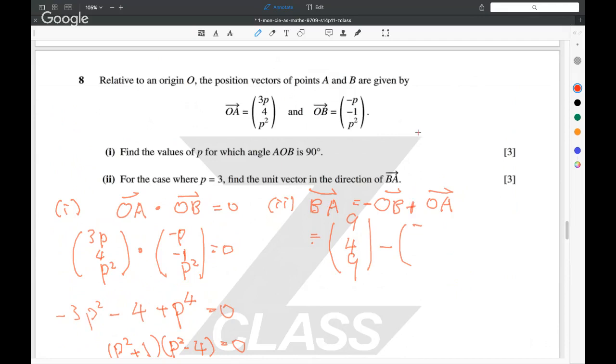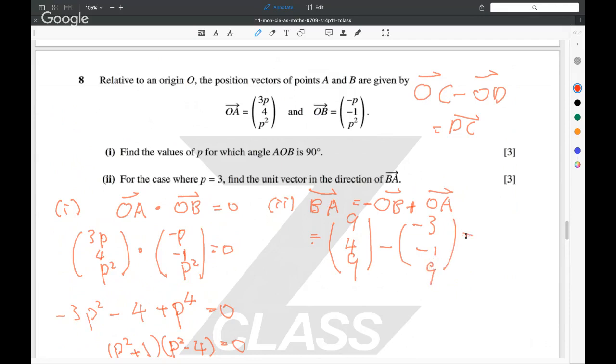An important point here is that the arrow is always pointing towards the vector that's being subtracted from. What I mean by that is that if it's OC minus OD, the arrow would be pointing from D to C. So it will be something like DC. And minus 3 plus 1, 9.